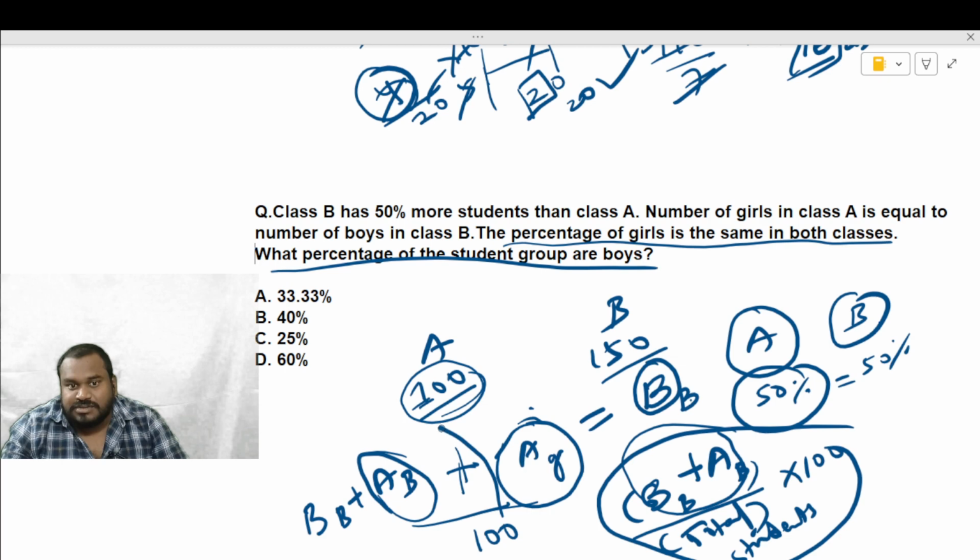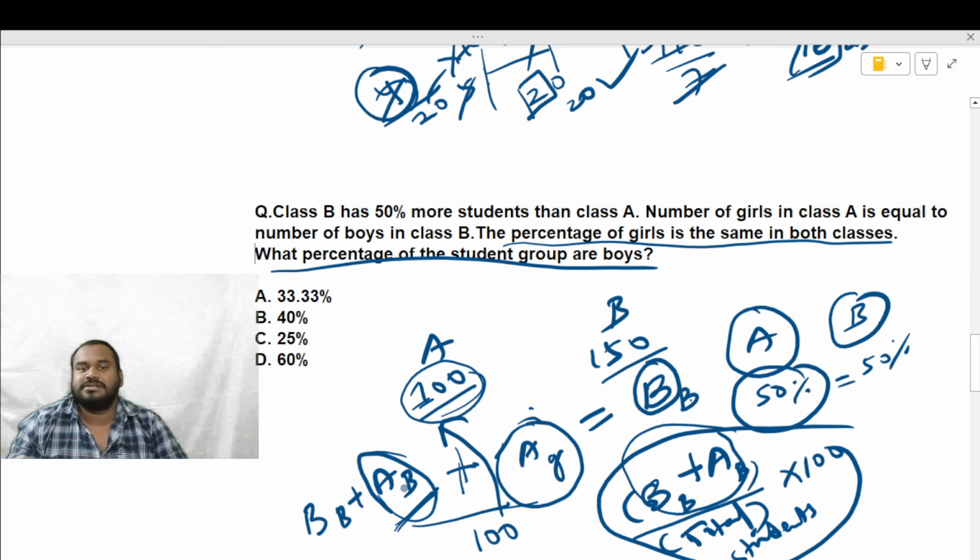I need only AB, so what should I do? If you subtract AG from 100, that is nothing but AB.